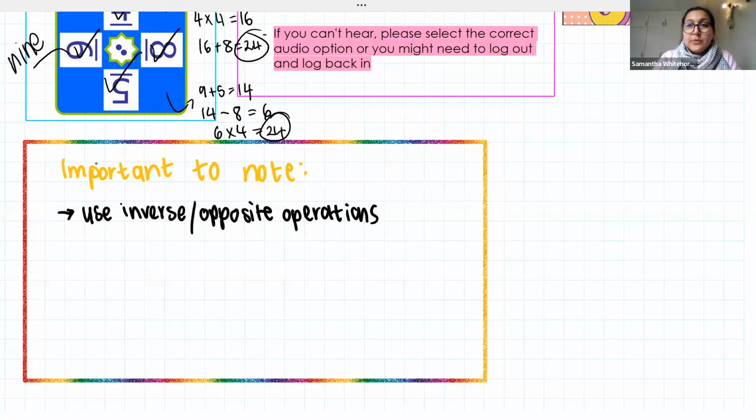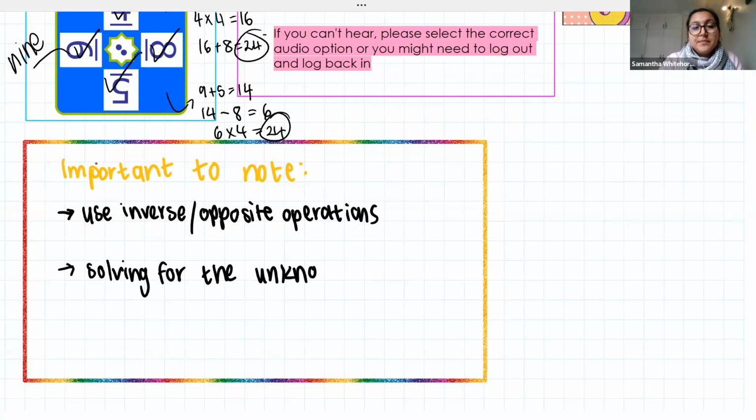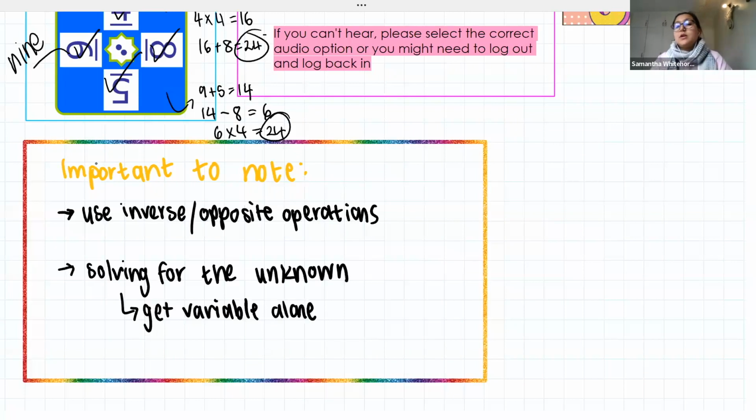So importantly, inverse operations. And remember that we are solving for the unknown. Now that might seem quite self-explanatory, but it's important that we essentially get our variable alone. What I mean by that is when you're solving an equation, we don't stop at 2x equals.